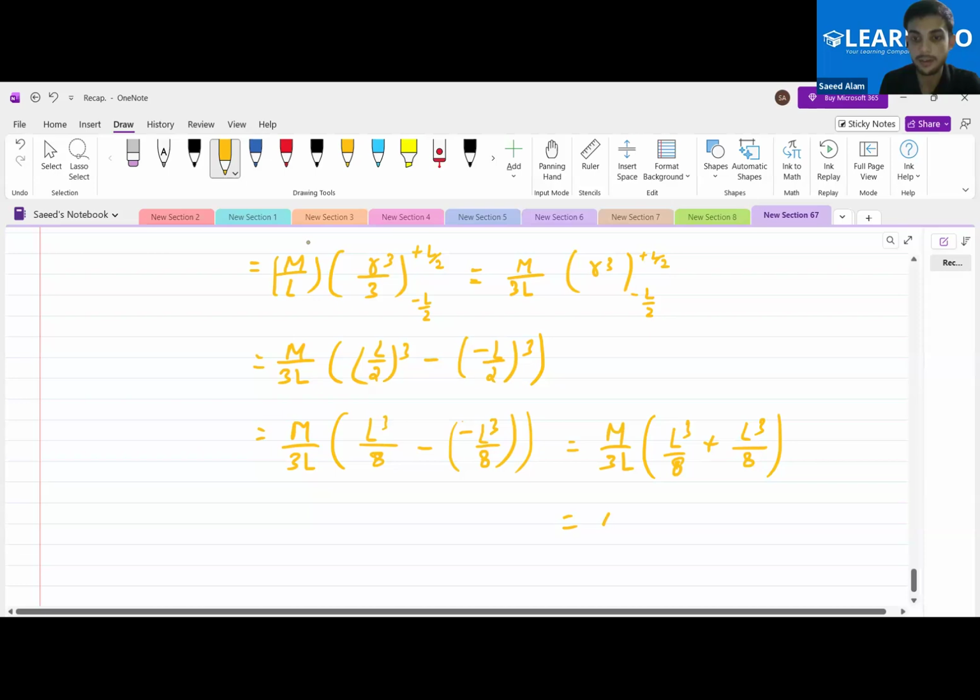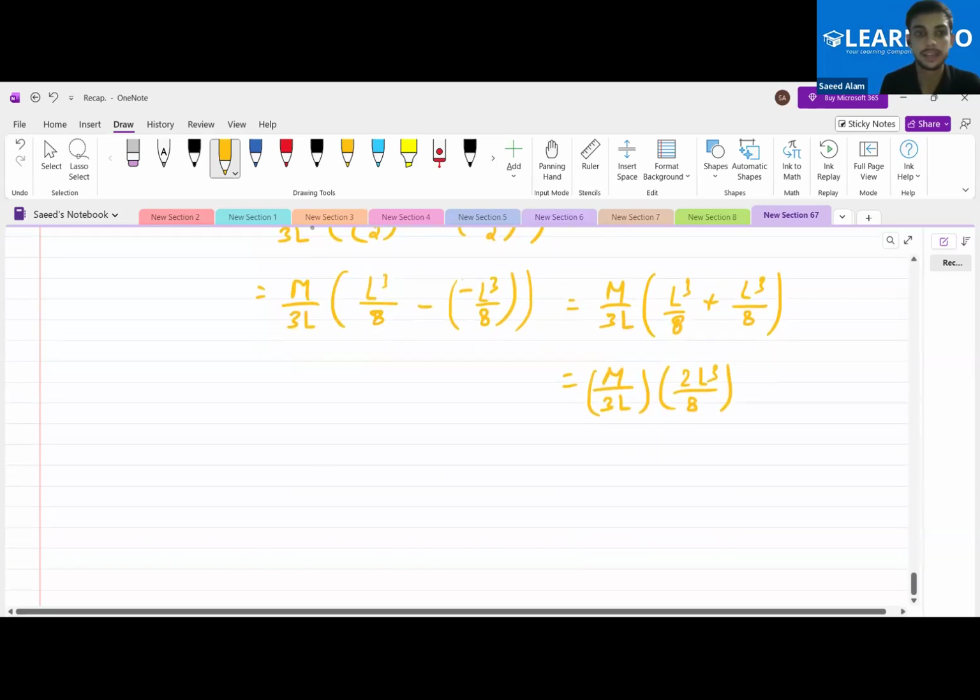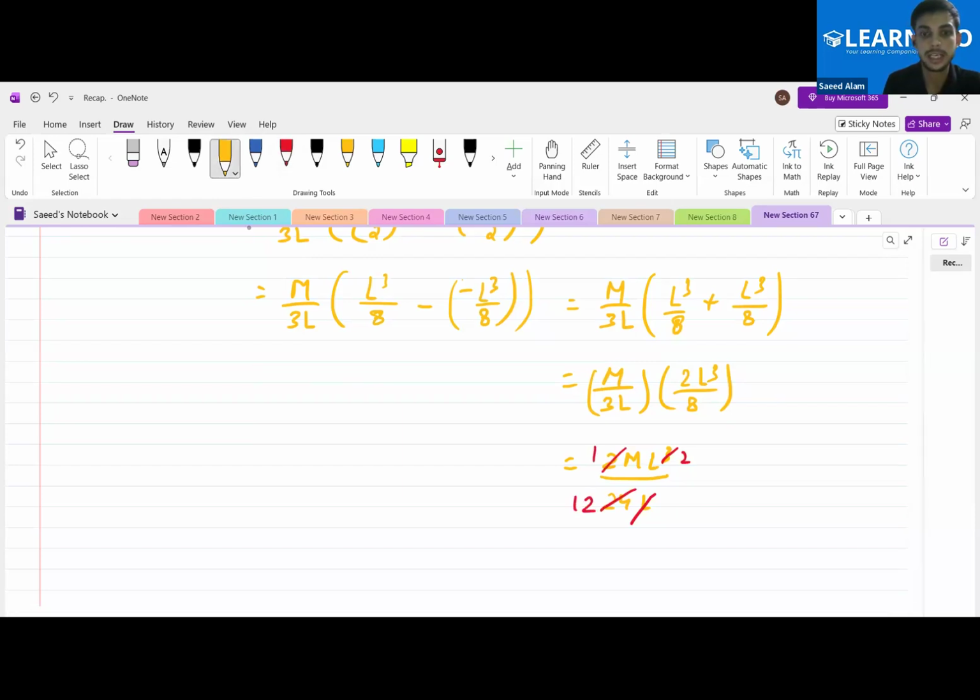Okay, and that will be m by 3L into 2L cube by 8. So if we just cancel out the things, you will get 2ml cube by 8 threes are 24L. And now let's start the cancellations. 2, this will get square, and 2, 1, and 2, 12. So ultimately you will get the answer to be m L square by 12.